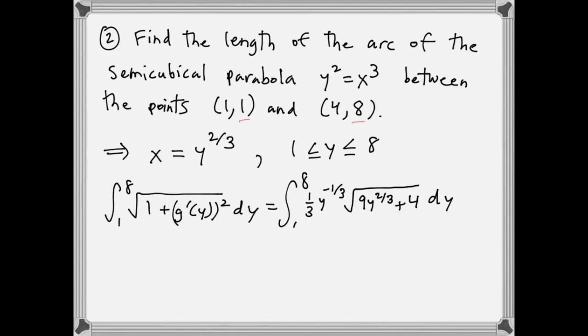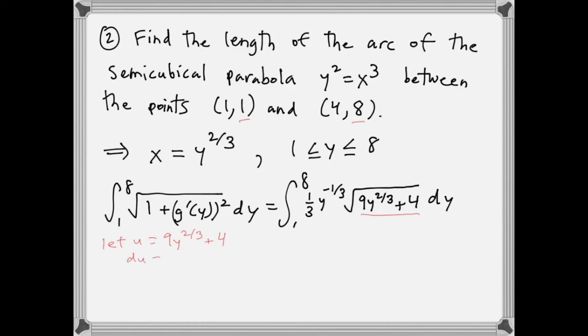So this is actually a u substitution, believe it or not, because here's what you can notice. The derivative of the inside is actually that outside term, isn't it? Because remember, you're going to subtract 1 from the power, and if you subtract 1 from y to the 2/3, you actually get y to the negative 1/3. So we're going to let u equal 9y to the 2/3 plus 4.